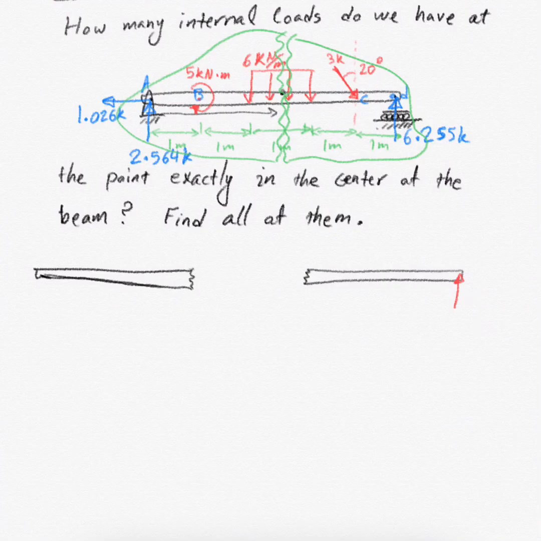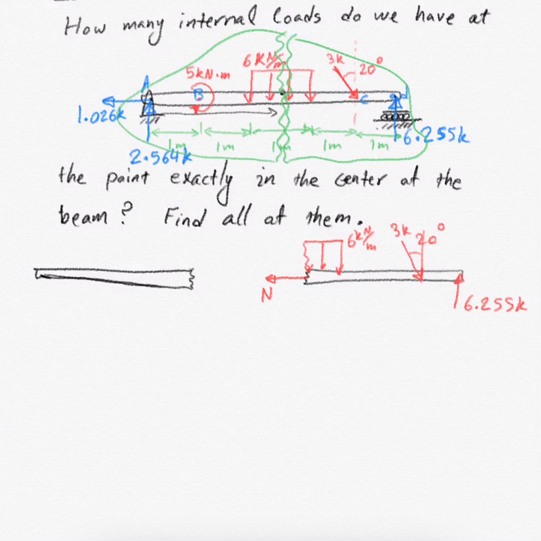So let's put the external loading on the system: 6.255K, and here you have this 3K at 20 degrees, and then you have a part of the distributed load, just half of it, 6 kilonewton per meter, and then you have N, the normal force at the point in the middle.